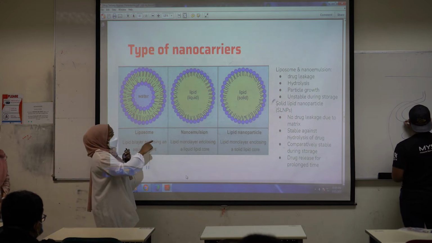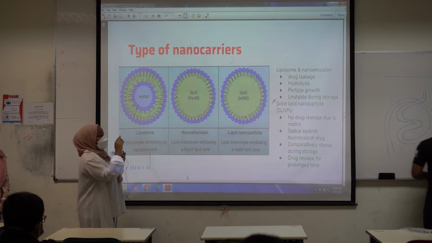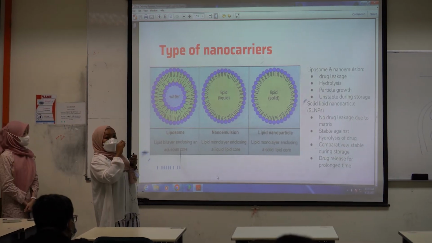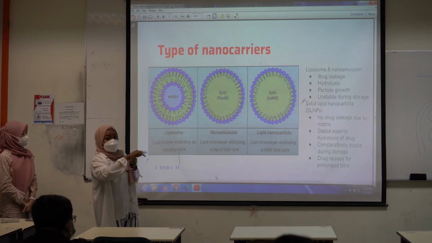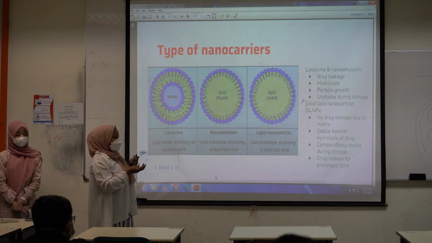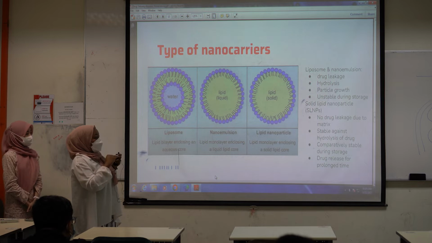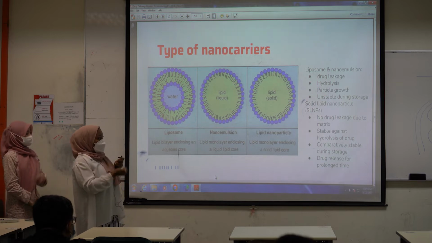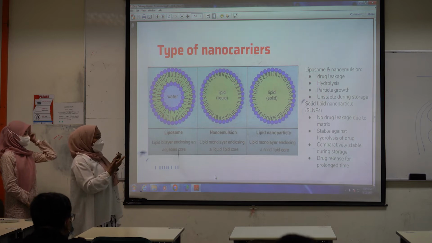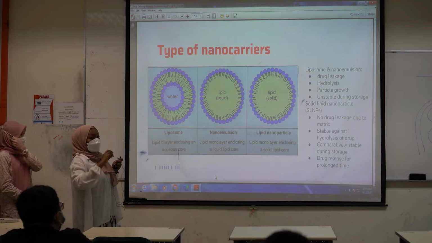So the particle will not have any exchange with the surrounding environment and will have less disintegration. It will solve the problem of leakage, and it will be more stable, and also help in the release of the drug.